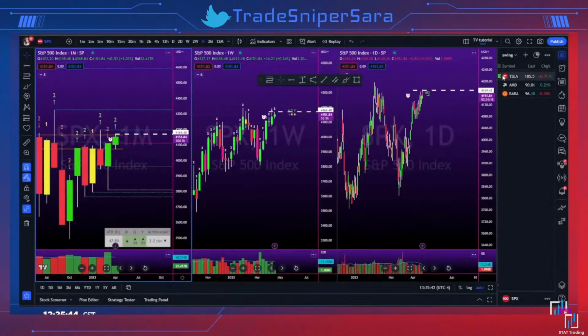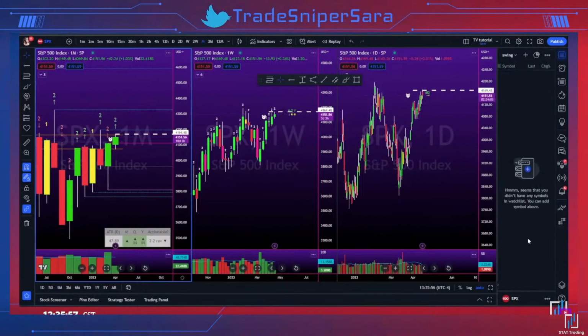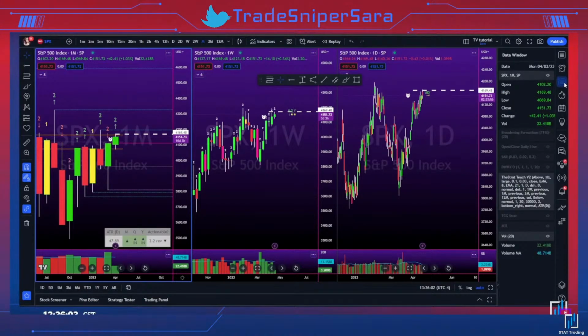That's how you do that. You can customize the columns. This is for any open alerts you might have. All kinds of fun information in here. I usually don't mess with any of this stuff.